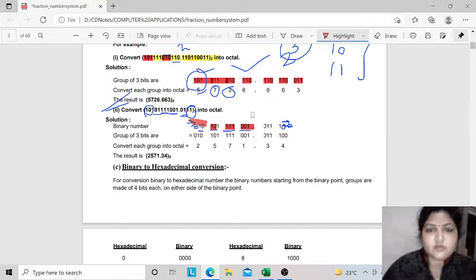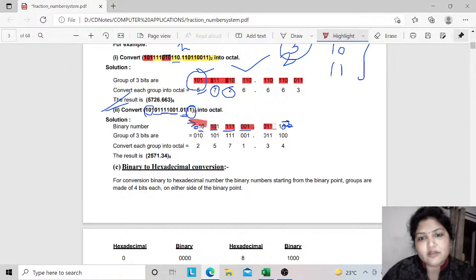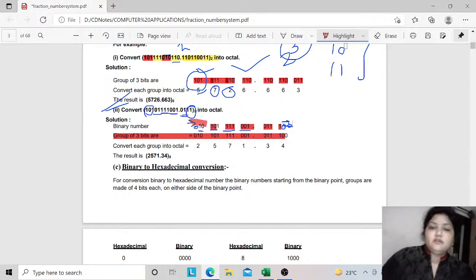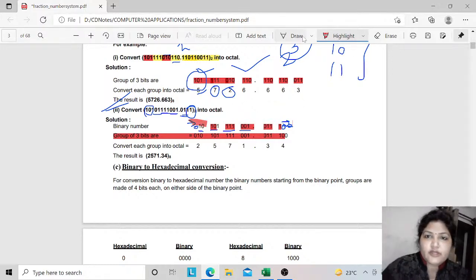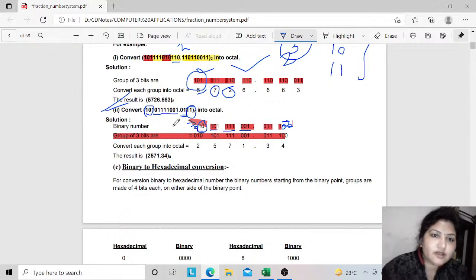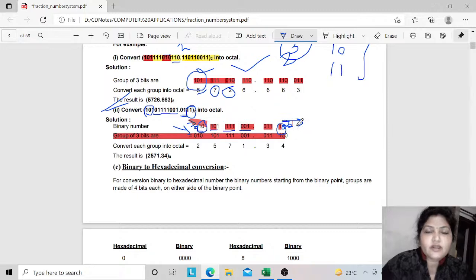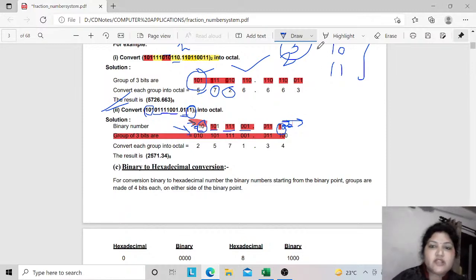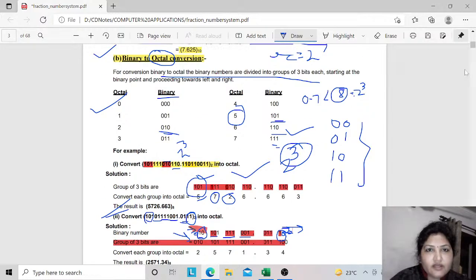So we have three different groups, but the only thing is when we don't have any number, like if it is only 2 binary digits, then we put 0 on the left hand side, and when we have the last fraction digit, we put 0 on the right hand side. So this is our main motive, how we convert it and how we use them, right?